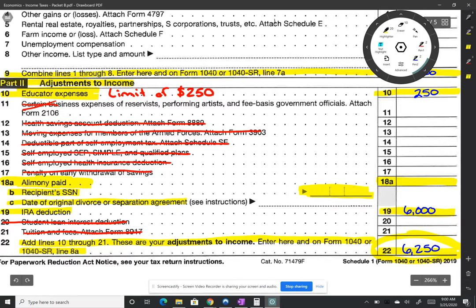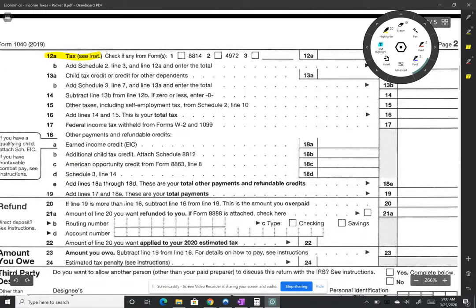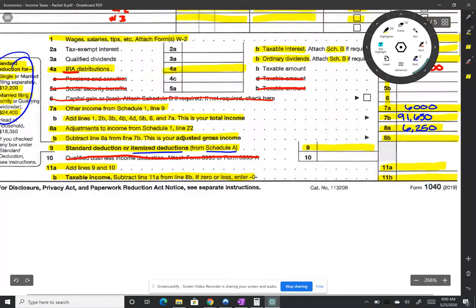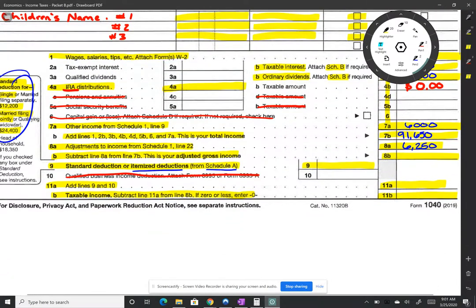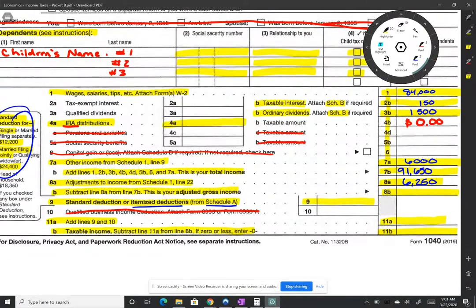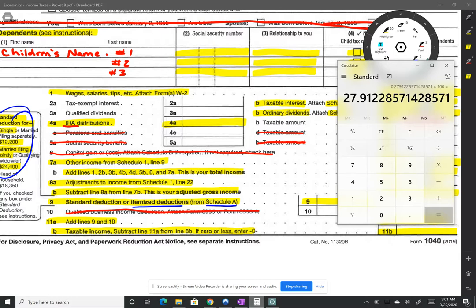And then for adjustments to income, I said they had educator expenses and they did an IRA deduction. So that's 6,000 there, so 6,250. So subtract those two numbers.